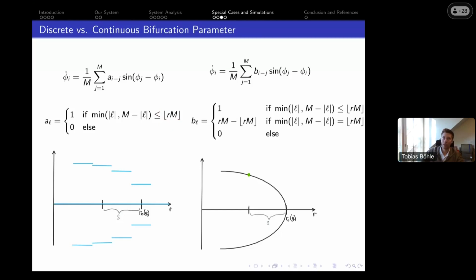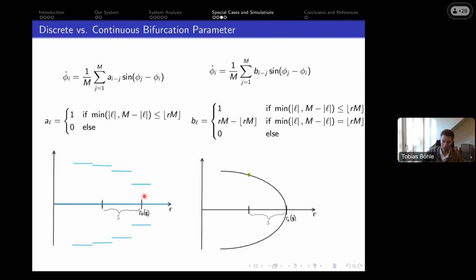And in fact, the finite dimensional system doesn't change at all if you vary R by a tiny bit. And so instead of having a nice pitchfork bifurcation, you have a bifurcation diagram that looks exactly like that. Sorry for the hand-drawn sketch, but here you have R on this axis, and then all equilibria are given by these blue lines here.